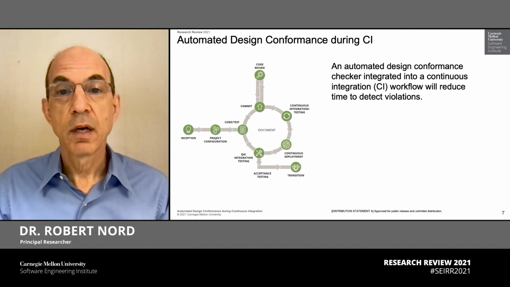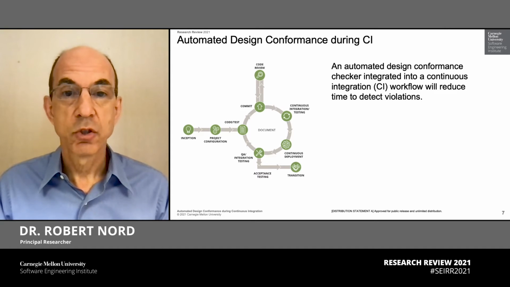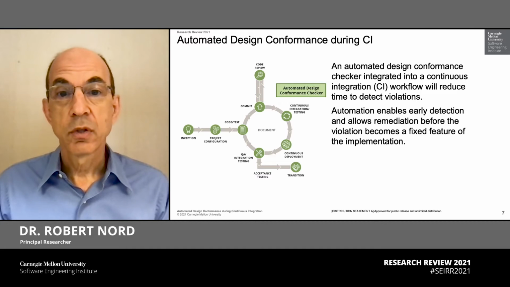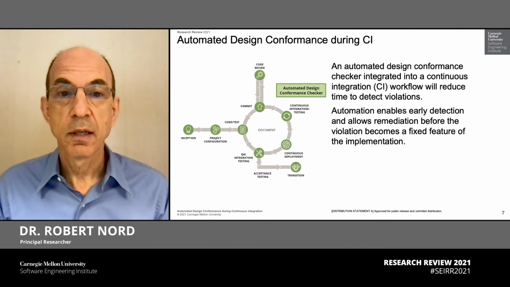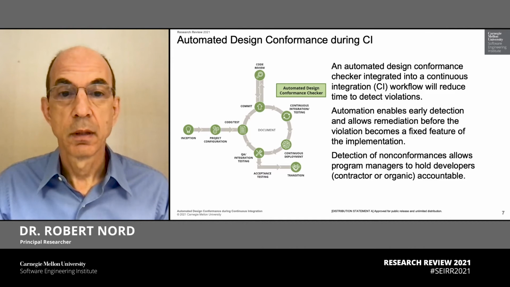Continuous integration offers visibility into the state and associated quality of the software system. Adding an automated checker makes use of the investment in architecture and impacts two kinds of stakeholders. Developers use the tool to detect nonconformances during continuous integration testing. Automation enables early detection and remediation.